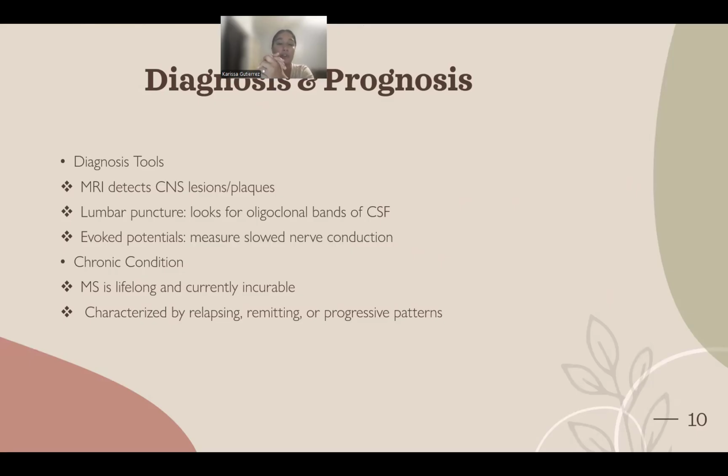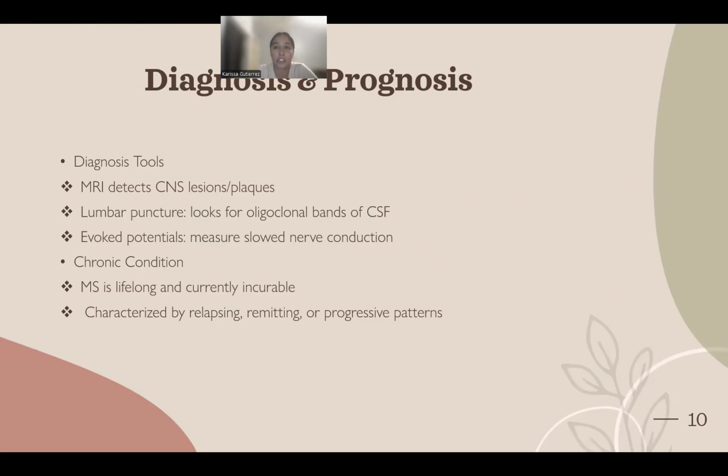A lumbar puncture is also used to test for oligoclonal bands in the CSF, which are immune proteins found in the CSF of many MS patients. Evoked potentials measure how quickly electrical signals travel through nerves, which slows when the myelin is damaged.